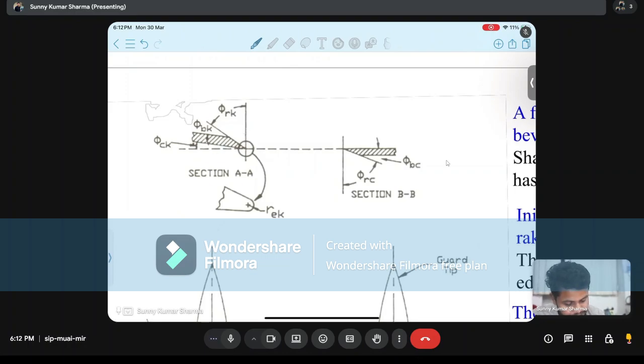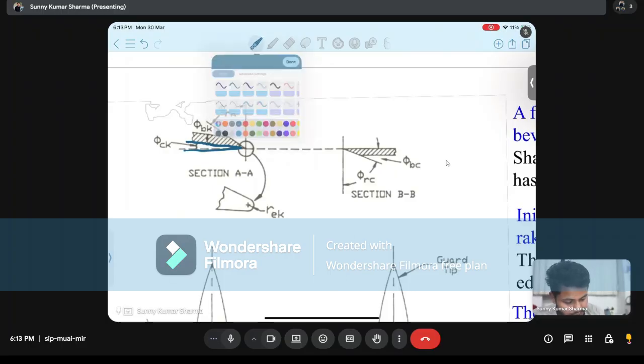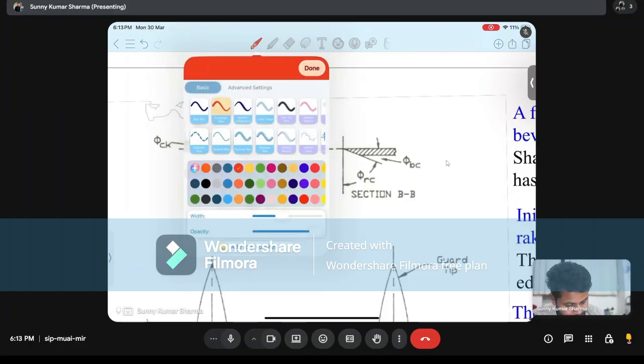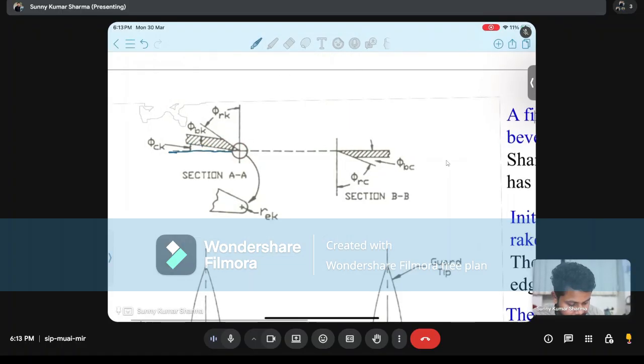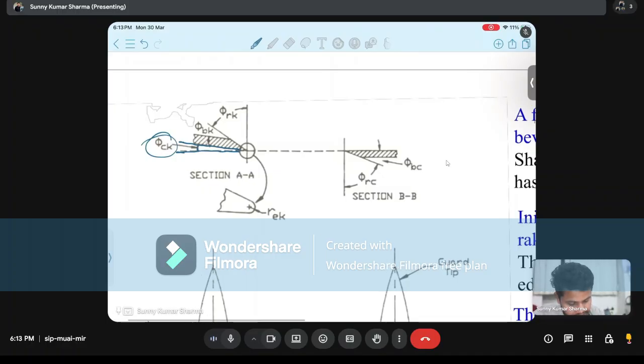It has some clearance. Some clearance is provided between the XY plane and the knife edge plane. This is called the clearance angle, phi ck. So the first angle associated with this mechanism is the clearance angle.